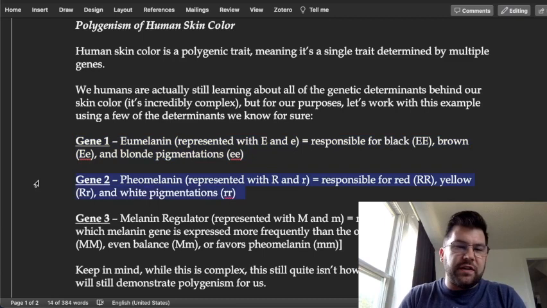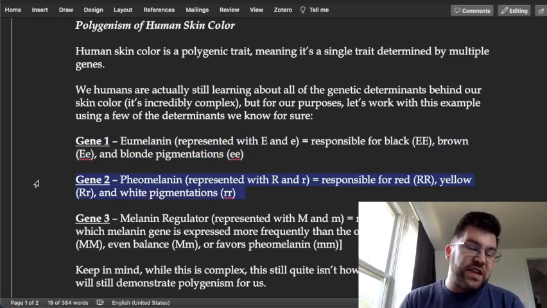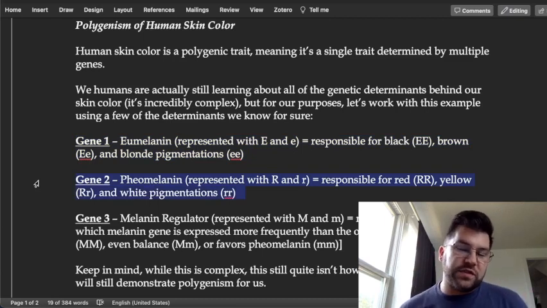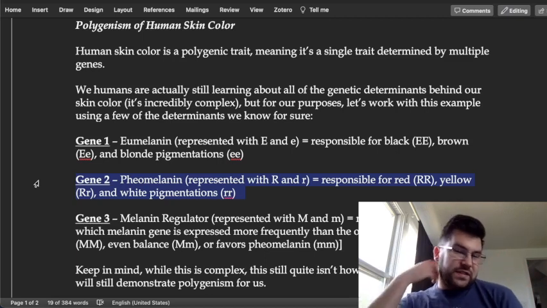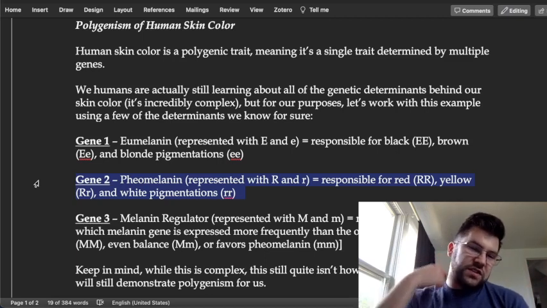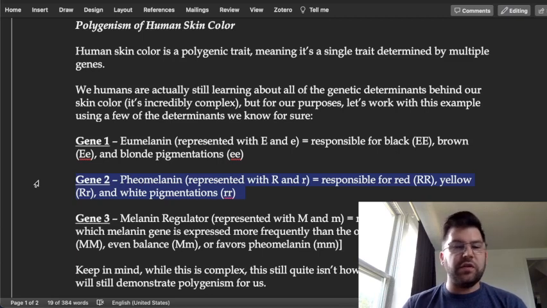The second gene at play, again a real pigment, is called pheomelanin. To represent this one, I'm going to use the letter R, uppercase and lowercase for dominant and recessive. Here's where we see the reds, the yellows, and the whites, those kinds of pigmentations in our skin, coded for by the pheomelanin alleles that we have.